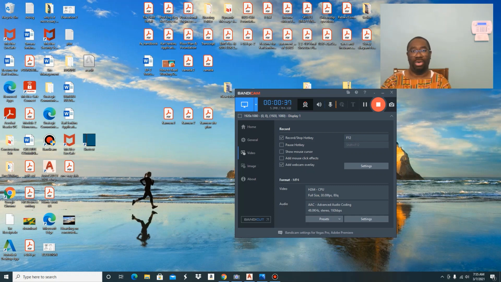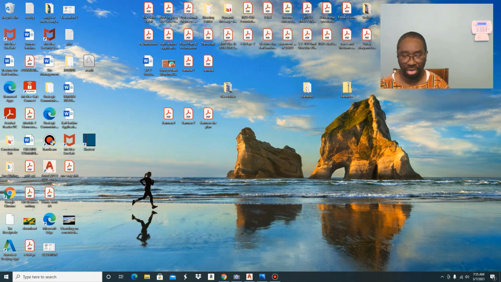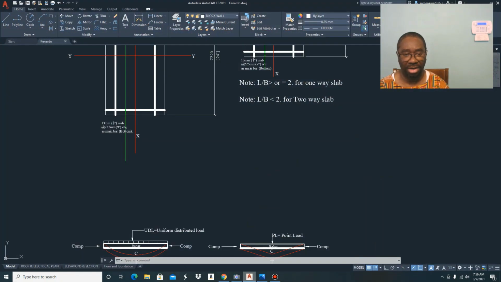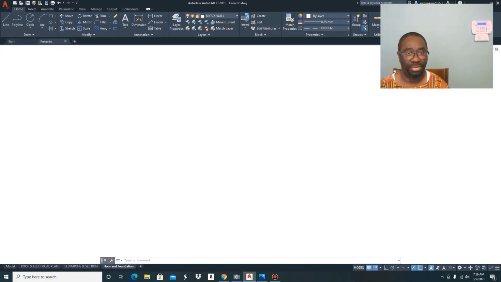Now, as it is known, concrete is weak in resisting tensile forces, but strong when resisting compressive forces. Let me explain further by showing you this diagram that I've come up with.